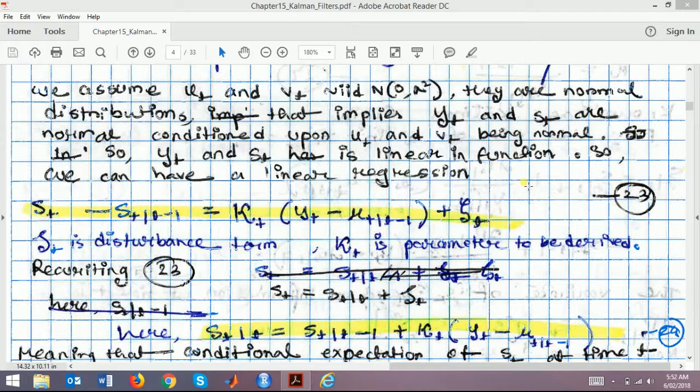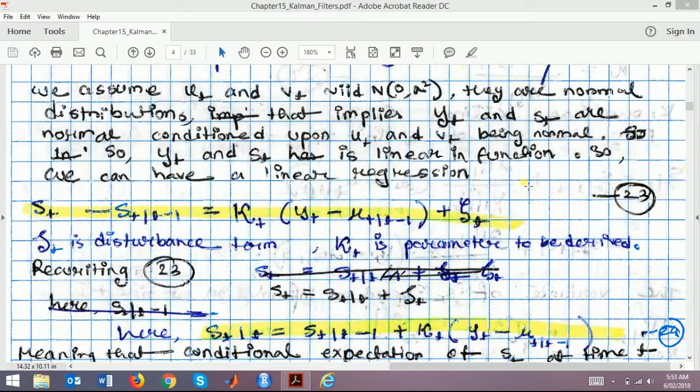Interestingly, the prediction improves now. The prediction, which was s1 minus s1 0, or the prediction error, which was s1 minus s1 0 equals phi (s0 minus s0 0) plus vt, now becomes lambda, insert the bracket, y1 minus mu1 0 plus zeta t. And here y1 minus mu1 0, as we know mu1 0 is conditional mean, y1 minus mu1 0 gives you prediction error.